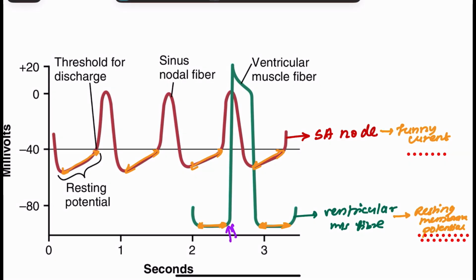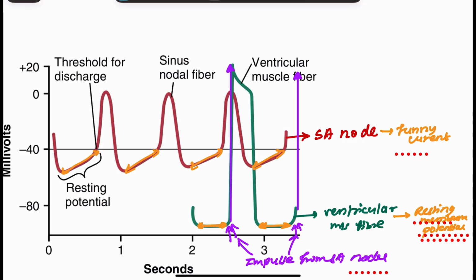Here the stimulus is required for its depolarization, and this stimulus is none other than the impulse from the SA node, which travels through the AV node, through the bundle branch, Purkinje fibers, and finally into the ventricular muscle fibers and stimulates it.